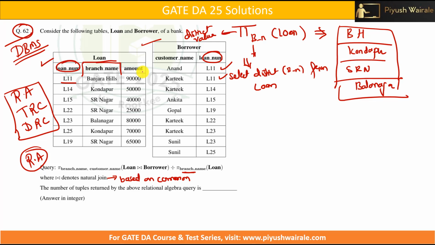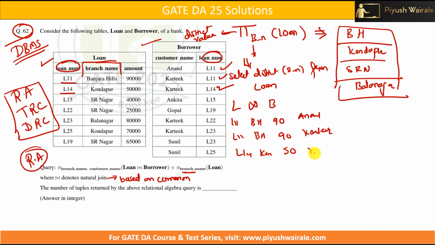And what do we need to project? Branch name and customer name. So if we look at the natural join of loan and borrower, what are we going to get? First is L11, Banjara Hills, 90,000, and then Anand. Again L11, Banjara Hills, 90,000, Karthik. Now L14 will match with L14 here, so we just have one L14: L14, Kondapur, 50,000, again Karthik.